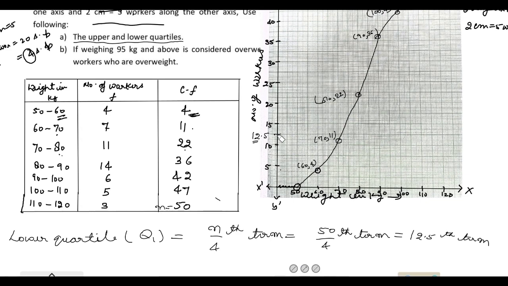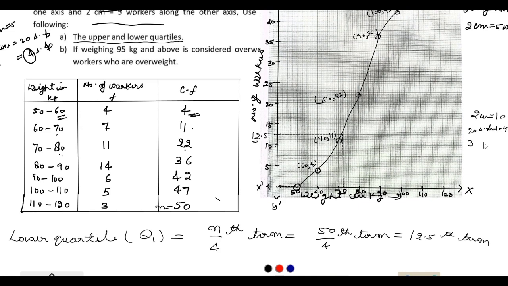Now take its corresponding data. I think it is third part of after 70. Now on x-axis 2 centimeter is equal to 10 kg. It means 2 centimeter means 20 small parts is equal to 10 kg.